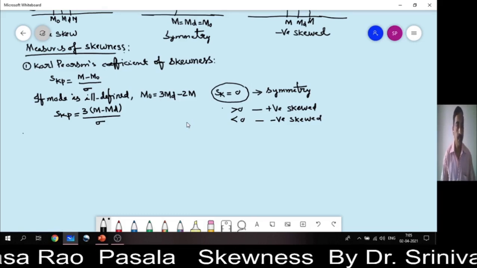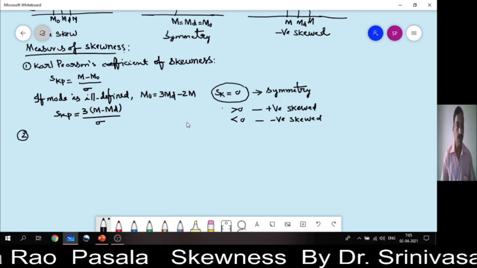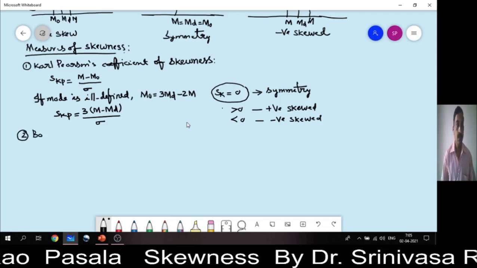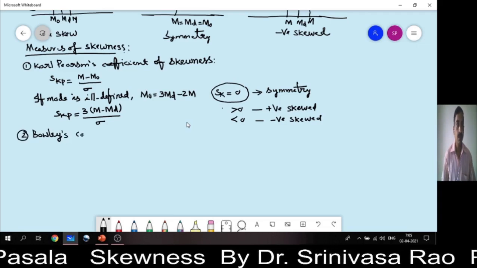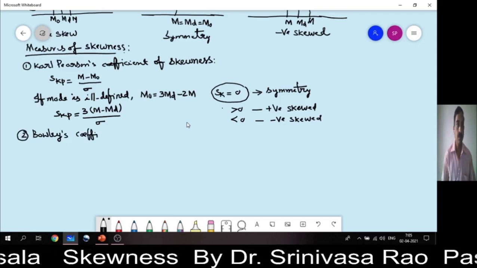The second formula, Bowley's coefficient of skewness.